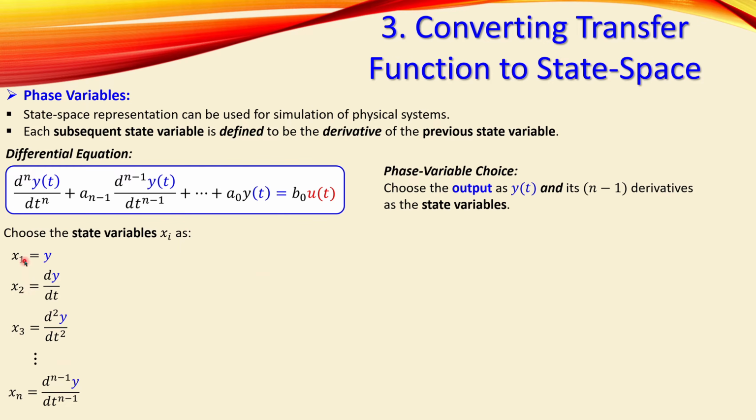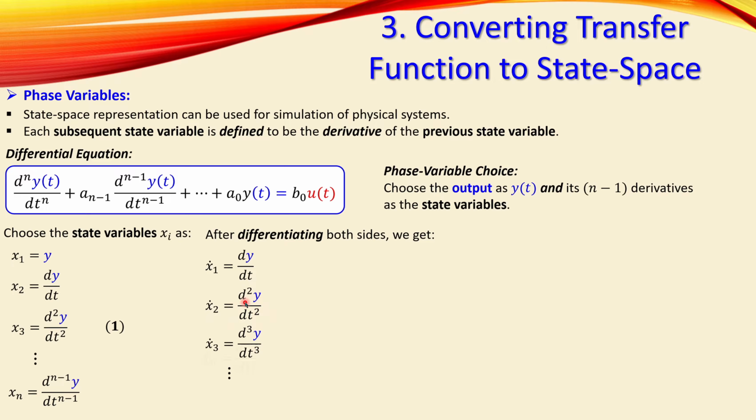So you can see x1 up to xn, and you go from y to the n-1 derivative. And that's then equation number 1. After differentiating both sides of this expression, you can then have x1 dot, that's this, x2 dot is this one, and up to xn dot, which is then this expression.